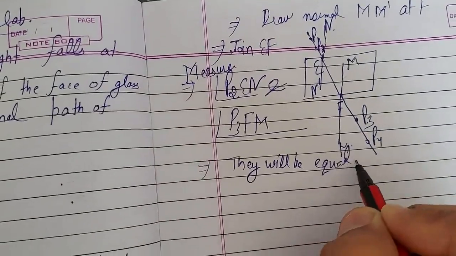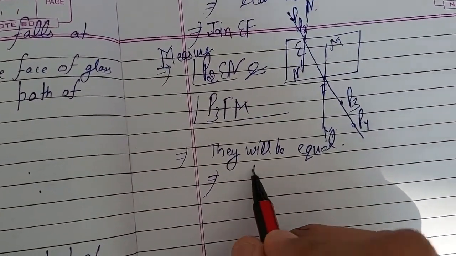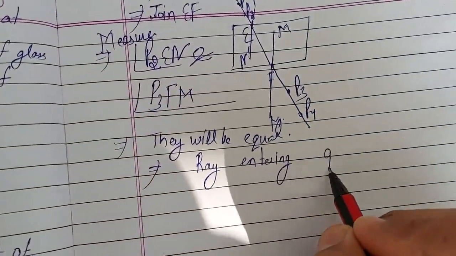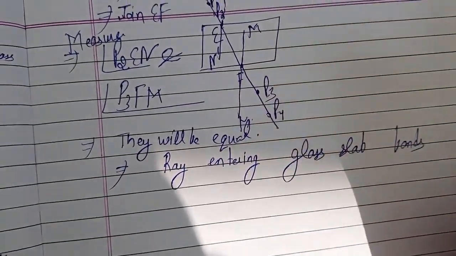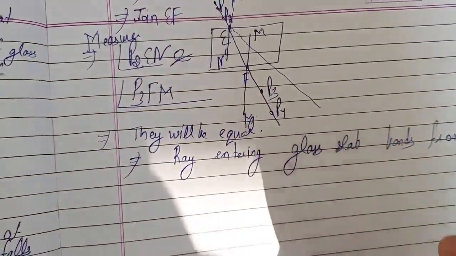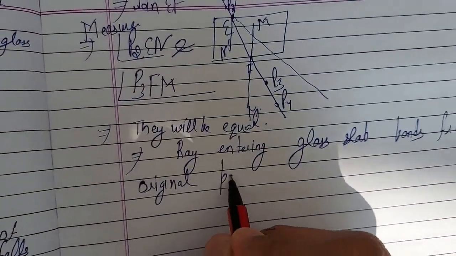And the ray entering the glass slab bends from the original path of incidence.